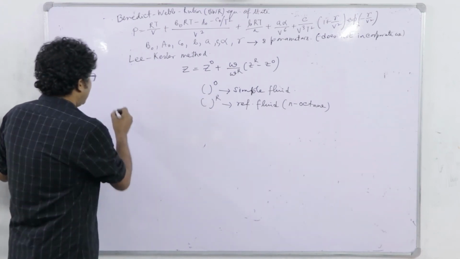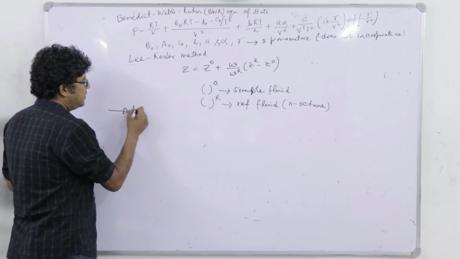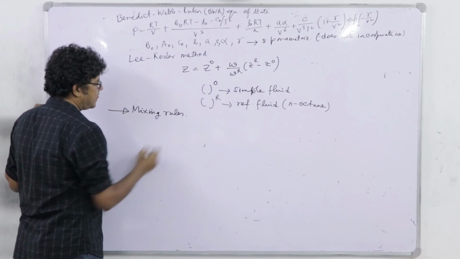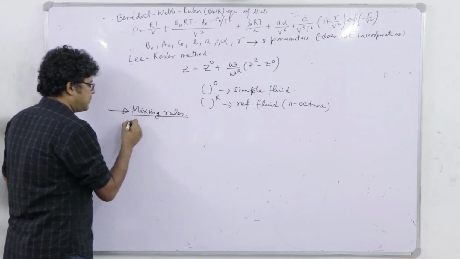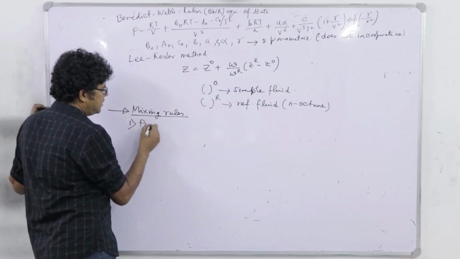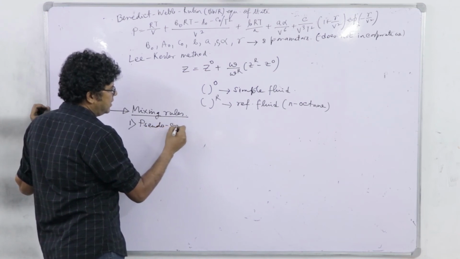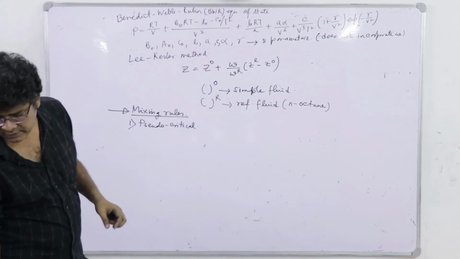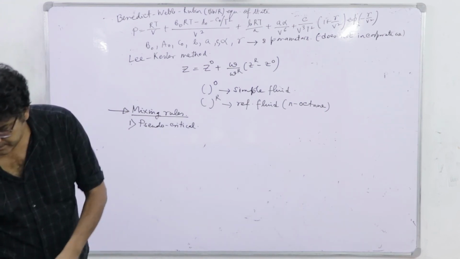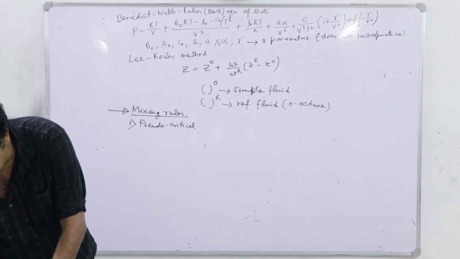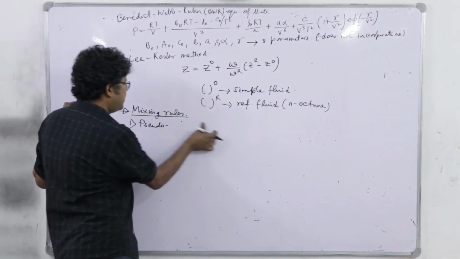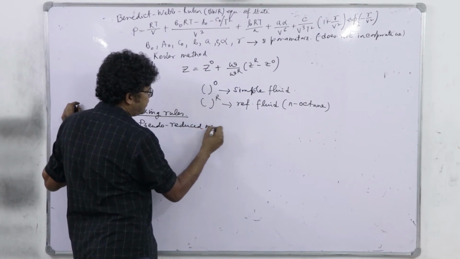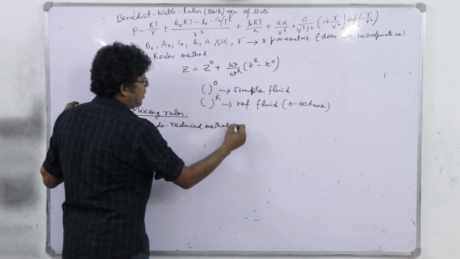Okay. Now, lastly, we will discuss the mixing rules. There are two approaches. One is called the pseudo-reduced method, or Kay's method.